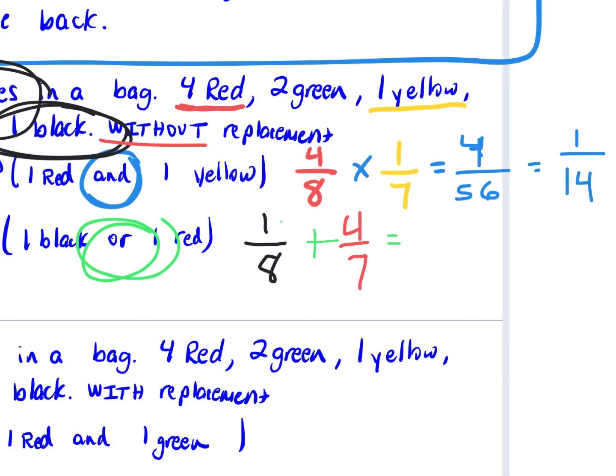So I can multiply the top and the bottom of the first one by 7. So I get 7 over 56. Then I would want to multiply the top and the bottom of the second one by 8. So I have 32 over 56. So that'll give me 39 over 56.